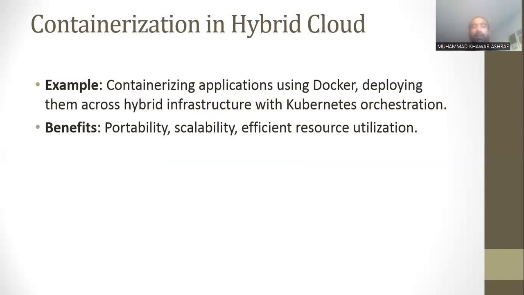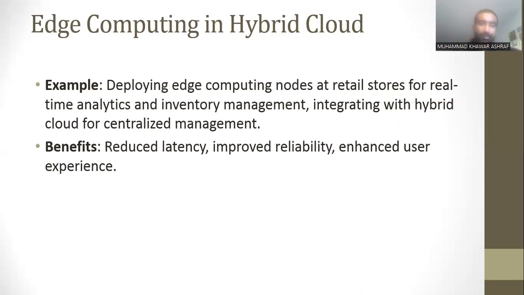Then when we come to containerization, we know that containerizing applications using Docker, deploying them across the hybrid infrastructure, and using Kubernetes for orchestration, we get better portability, scalability, and efficient resource utilization.